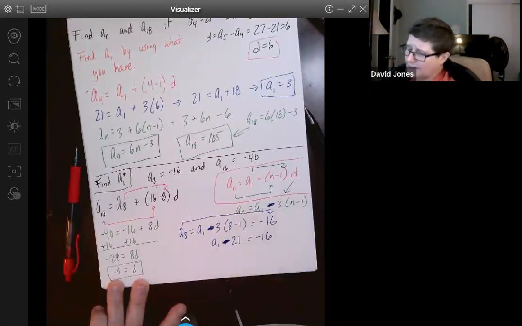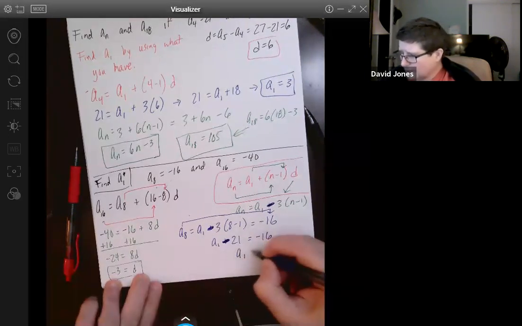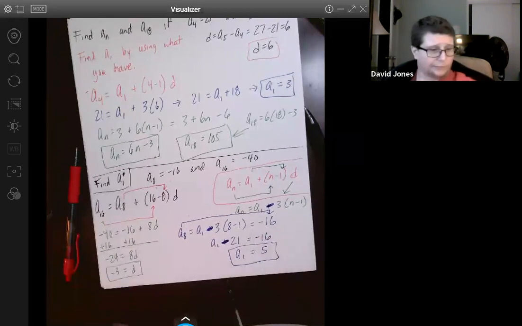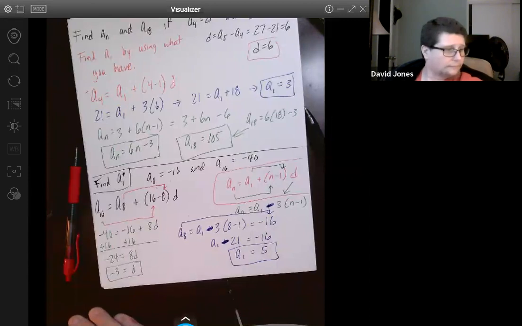If I add 21 to both sides, I get a sub 1 equals 5. So that's the kind of stuff they'll have you do.